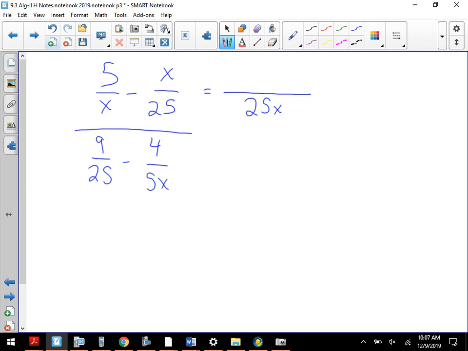So this one becomes 125 minus x squared. This one will also be a common denominator of 25x. This one needs the x, so it's 9x, and then it's minus, the other side just needs to be multiplied by 5.